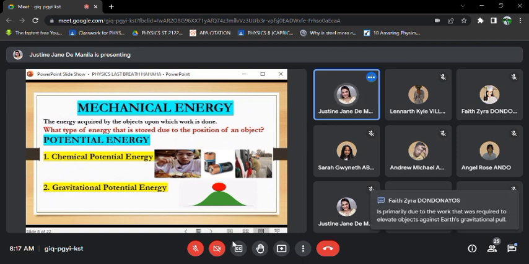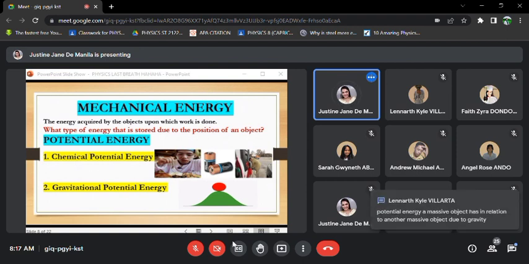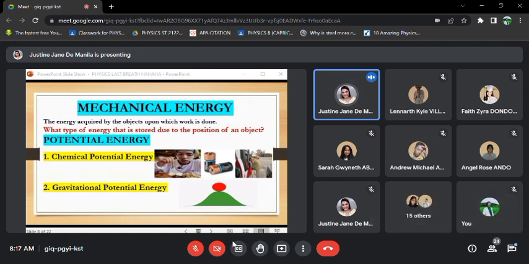So, according to Faith and Zaira, it is primarily due to the work that was required to elevate objects against Earth's gravitational pull. So, you're correct, Zaira. And also Leonard, it is the potential energy a massive object has in relation to another massive object due to gravity. So, very good, class.